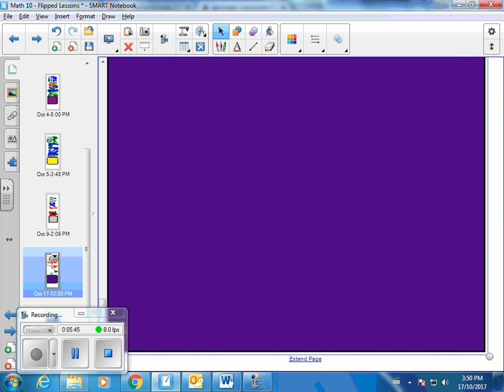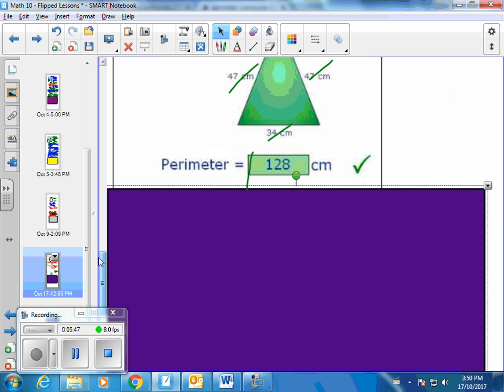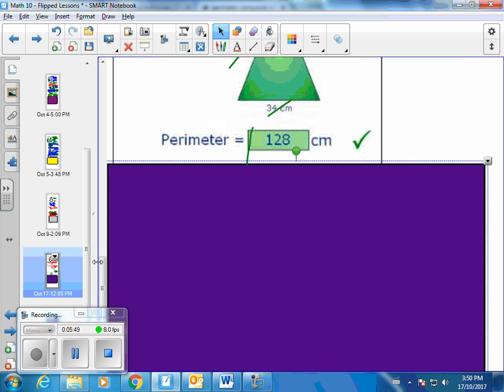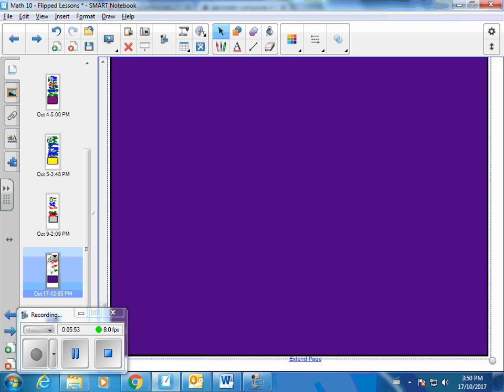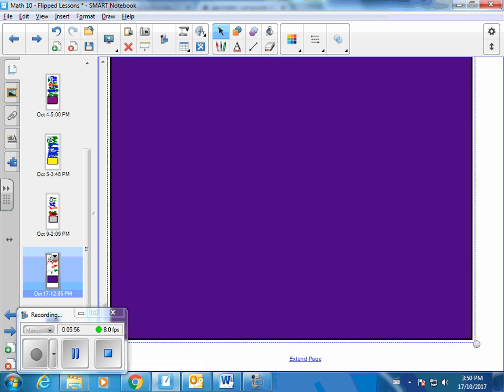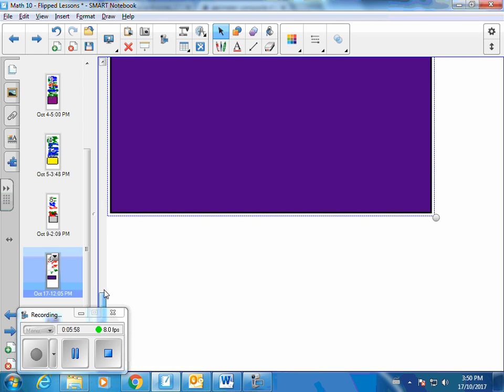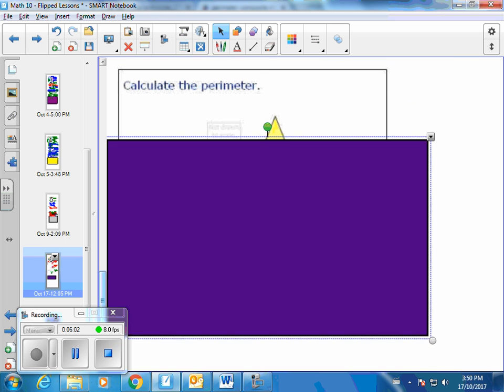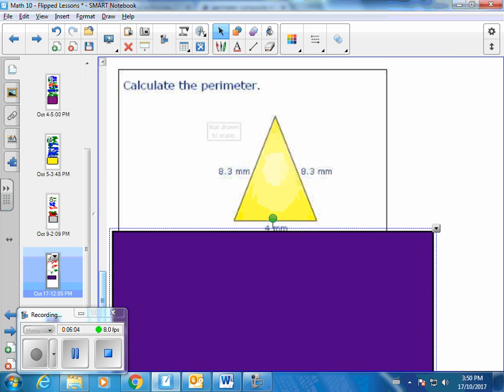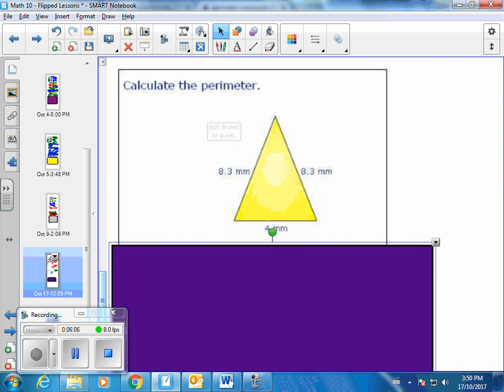All right, I'm going to move back up here to the top of my example. Next one, if we keep on sliding down, I'm going to be doing the same thing. I gotta make this smaller now. I'm going to be doing the same thing with my next triangle. So my perimeter is going to equal adding all the sides.